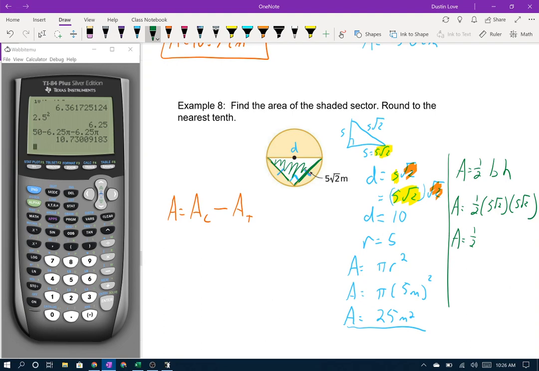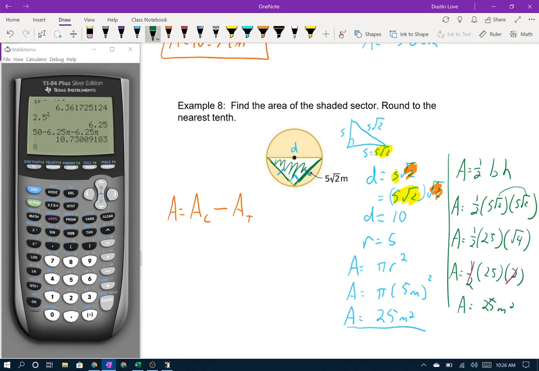Now, 5 times 5 is 25, and then root 2 times root 2 is root 4. 1/2 times 25 times square root of 4, which is 2. And then this 1/2 and this 2 are going to cancel each other out, meaning that the area here is just 25.